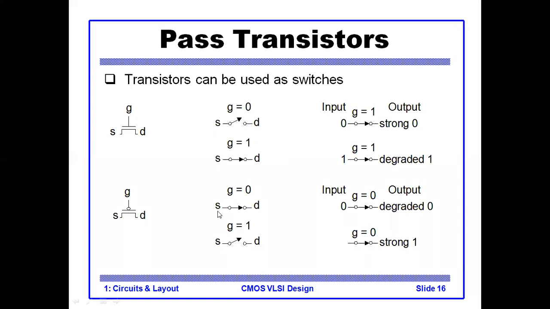In the PMOS, if I'm applying 0, it becomes a closed switch, and when we apply 1 at the gate of the PMOS, it acts as an open switch. So here you can see the NMOS gives strong 0, degraded 1, and the PMOS gives strong 1, degraded 0.